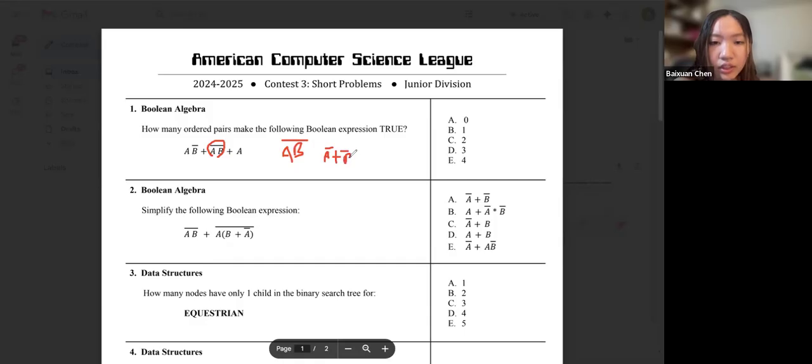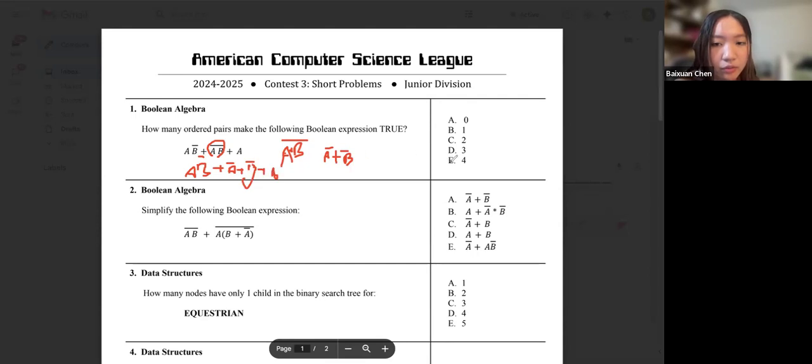And how does this rule work? Basically, to separate something that's together, you just change the inside operator. So pretend there's a times here, and then you separate and add nots to each thing separately. So you have not A plus not B. And then now we have A times not B plus not A plus not B plus A. And what is this?